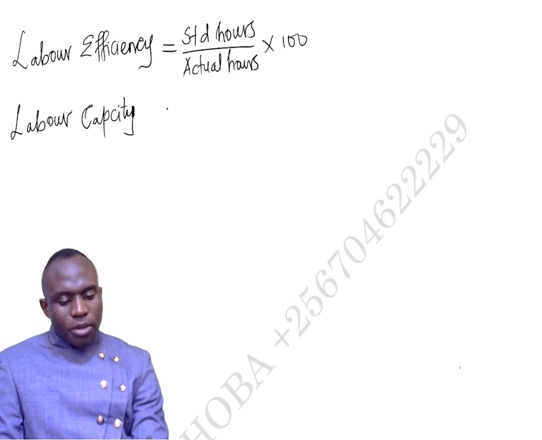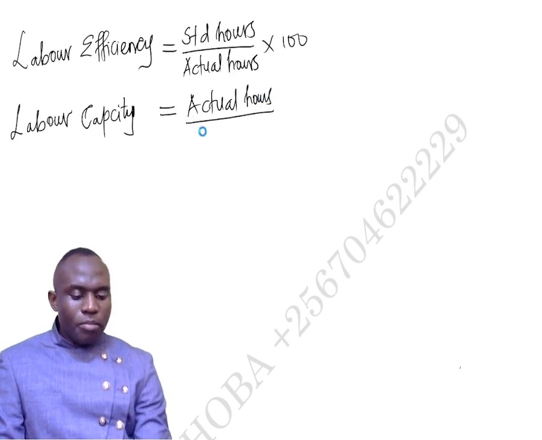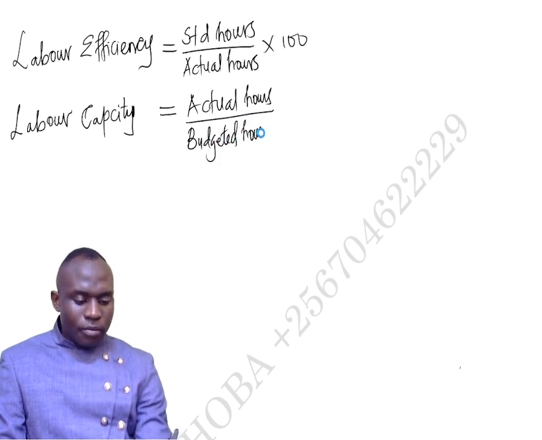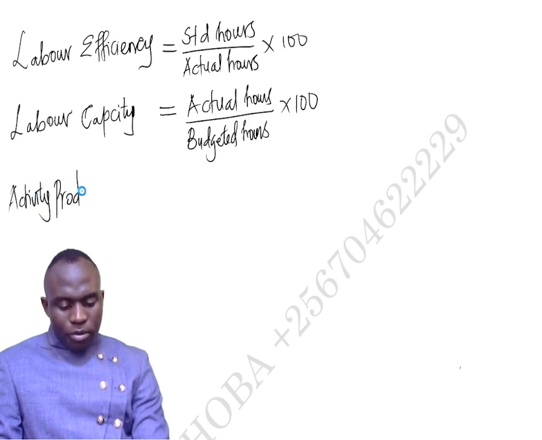The labor capacity ratio is given by actual hours divided by the budgeted hours, times 100. And finally, the activity ratio, or what we call the production volume ratio.